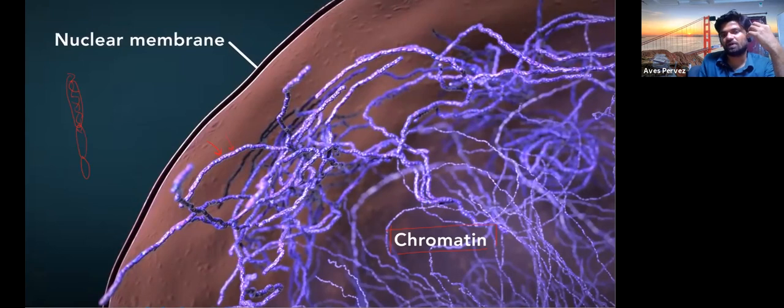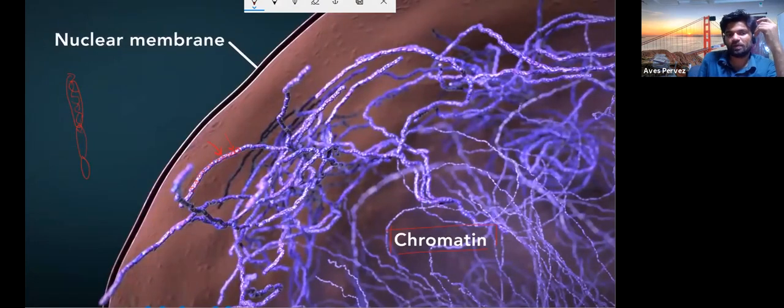These are called chromatin. We have coiled DNA inside these structures, joined together in a thread-like form. So this is the chromatin material.